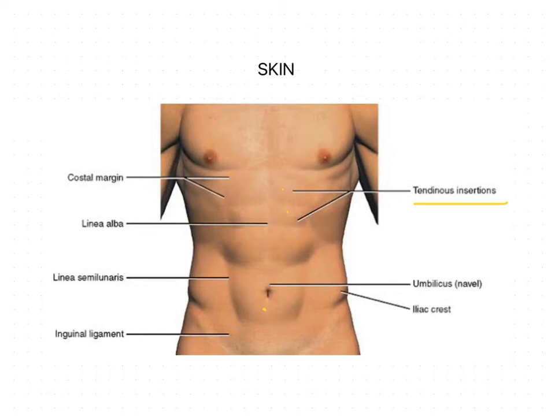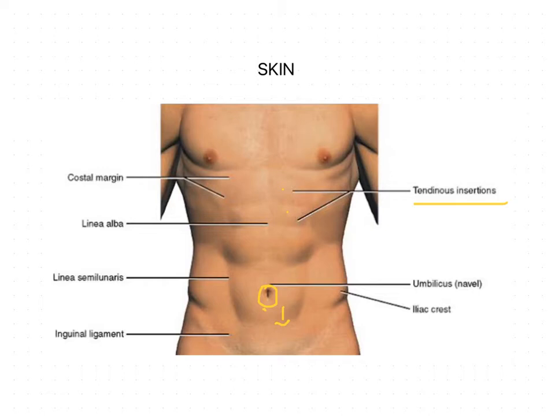So it is present at the level of the disc between the L3 and L4 vertebrae. This umbilicus normally lies lower in infants and also in persons with pendulous abdomen. That means large abdomens which are moving like that. So they are called pendulous abdomen. In those persons also the umbilicus is placed somewhat lower than the normal level.